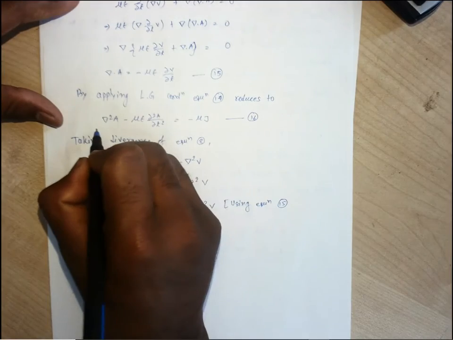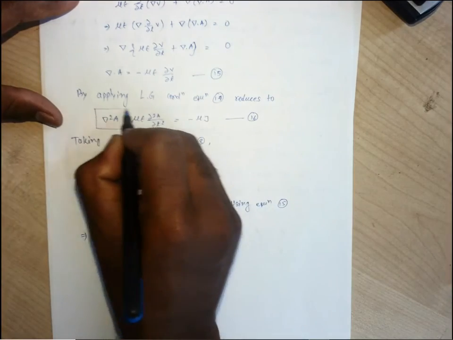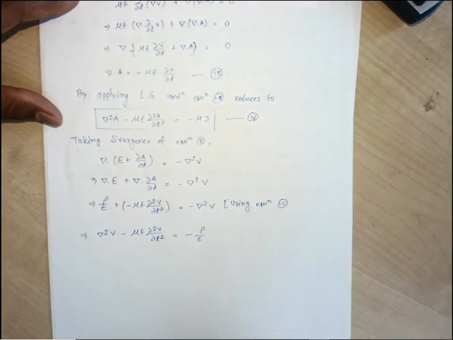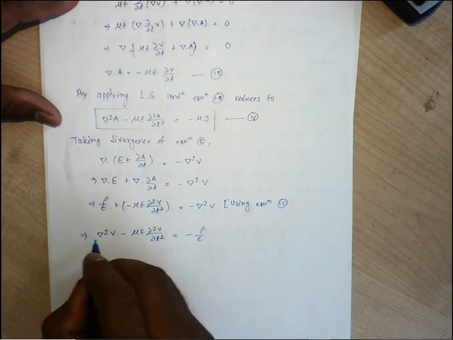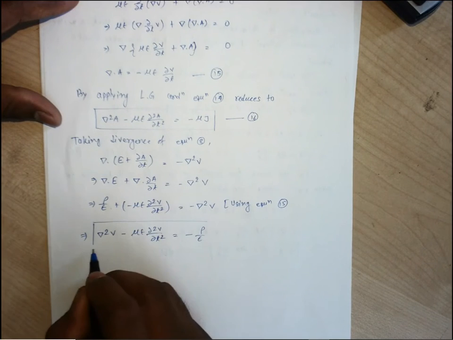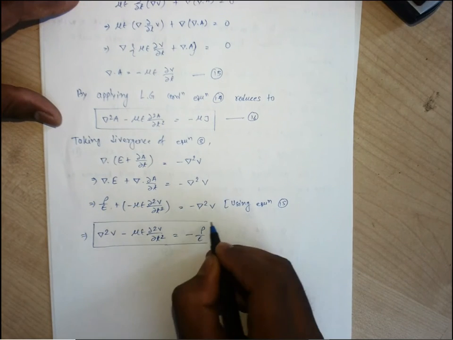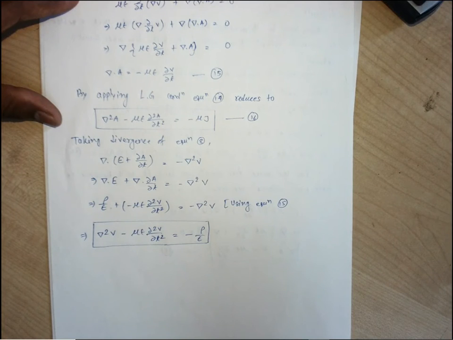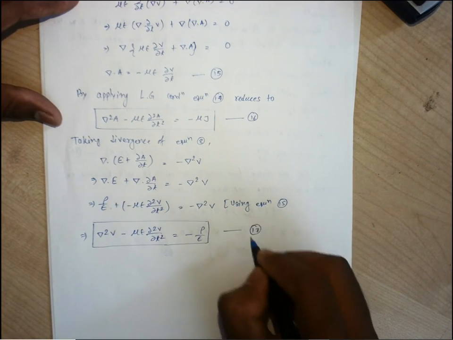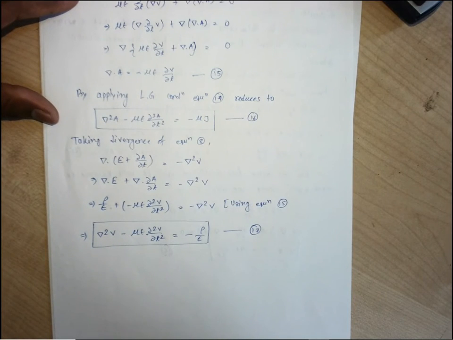So this is one equation which is with respect to the magnetic vector potential only. This expression is the expression consisting of scalar potential only. So by using this Lorenz condition, we have decoupled these two potentials. One is the magnetic vector potential, one is the scalar electrostatic potential.